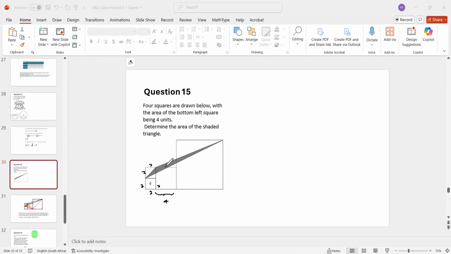And the other vertex is sitting at that corner. Okay, so how do you solve this problem? The geometry problem, there's a lot of intuition, and that's why people are scared of geometry, because you have to use your intelligence to try to see whether you can solve the problem.